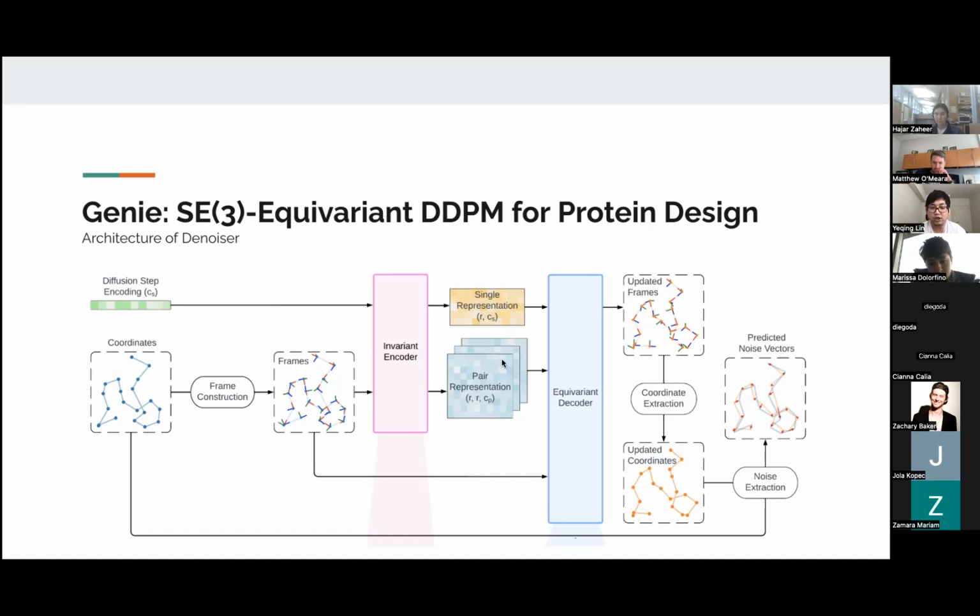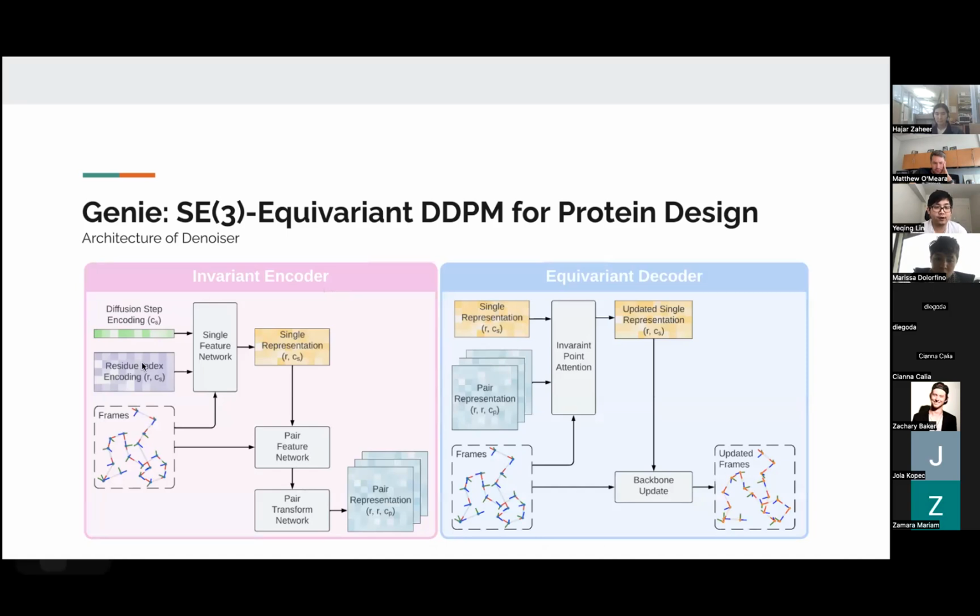This representation, together with the input frame information, is used with the equivariant decoder to update those frames, then extract the coordinates and compute the noise vector. I'll go through in more detail the arrangement of the invariant encoder as well as the equivariant decoder.